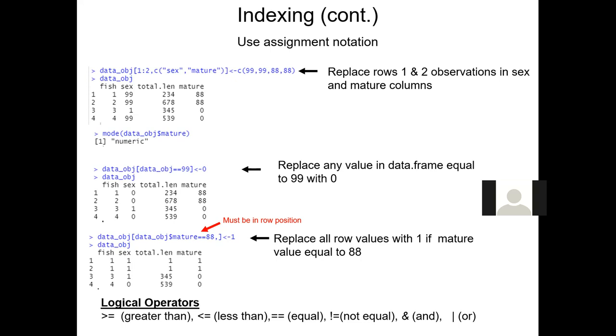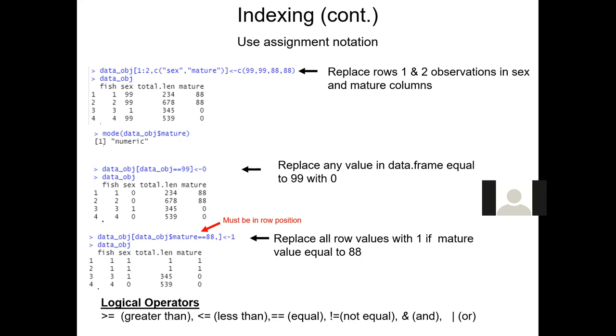So using kind of that example above, but using the commas to designate the row and columns, you can use the data object, the name of the column you want, which is the $ followed by the name of the column, and whatever logical operator you want to use, like equals 88. And you see there's a comma, so it's looking at all the rows within the mature column.